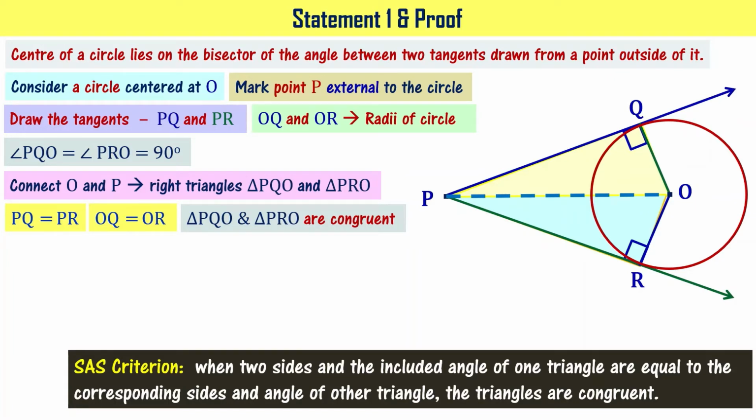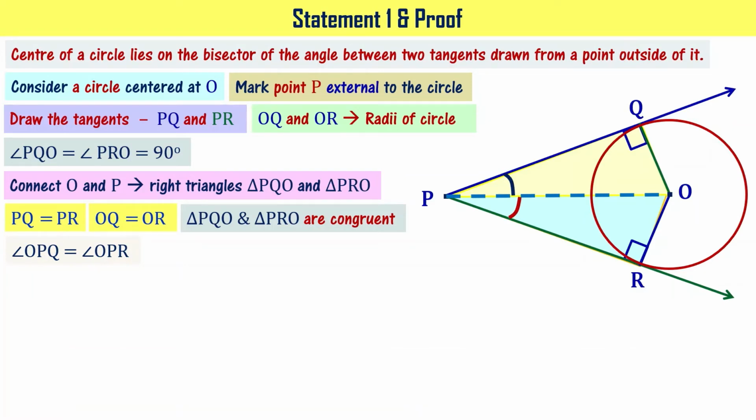If triangles are congruent, you can say that the corresponding sides of those two triangles are equal and the corresponding angles are also going to be equal, right? It means angle OPQ and angle OPR are going to be equal because they are corresponding angles of these two triangles, right? And we know that angle between two tangents is angle QPR, that can be written as the sum of angle OPQ plus angle OPR, right?